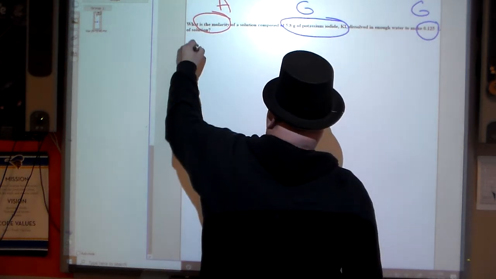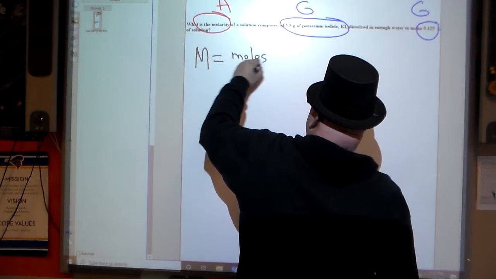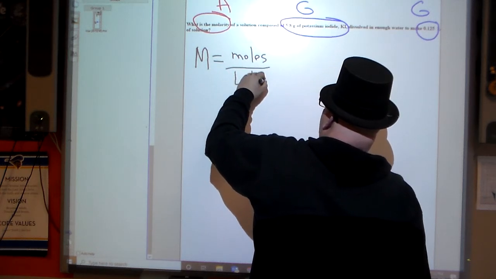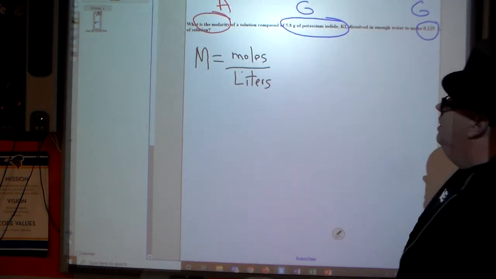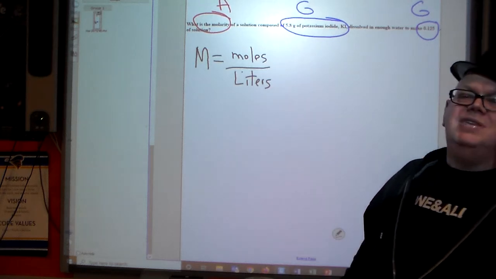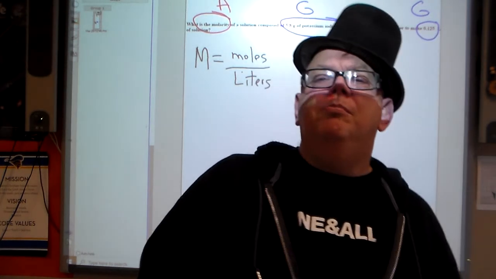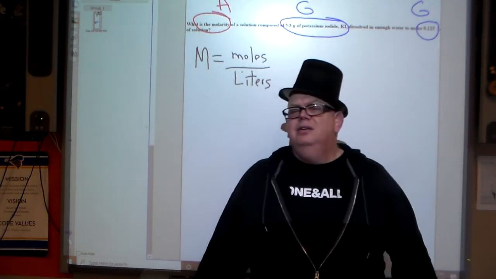And you got your formula that molarity is equal to moles over liters. But wait, we were given grams of potassium iodide and they want moles, and we can't put 5.8 grams into the formula.